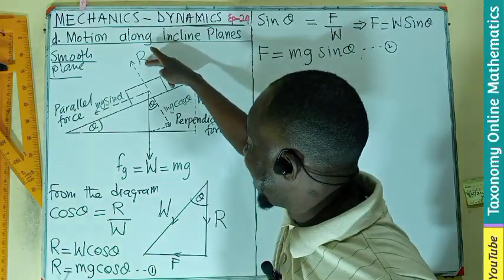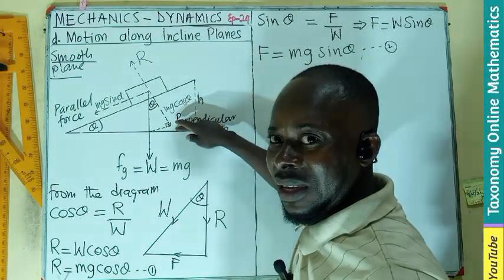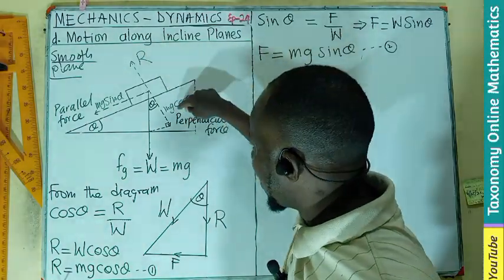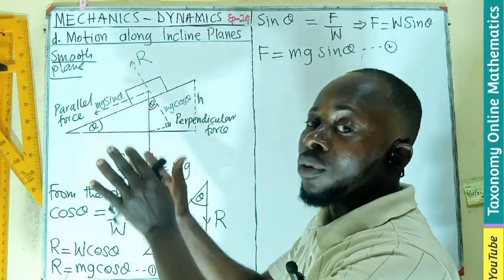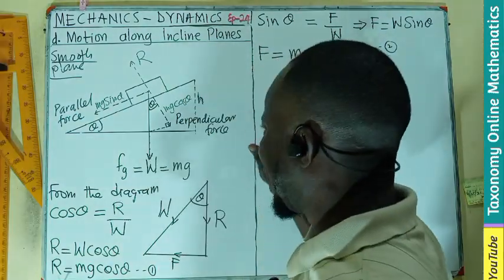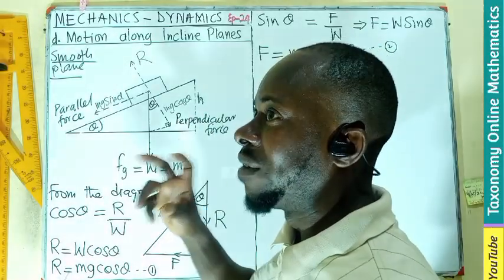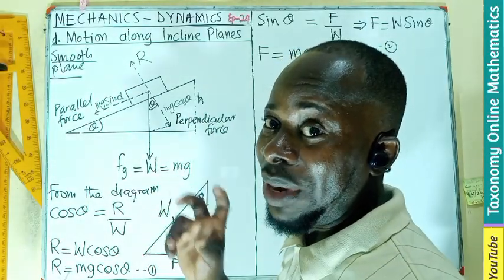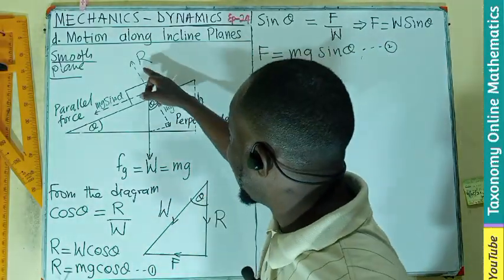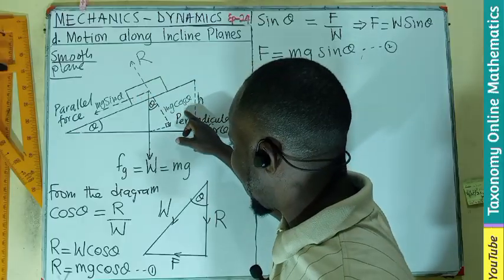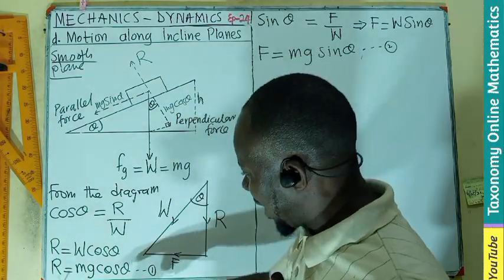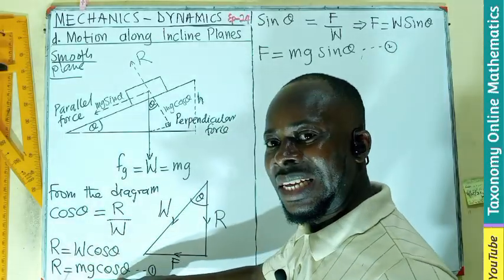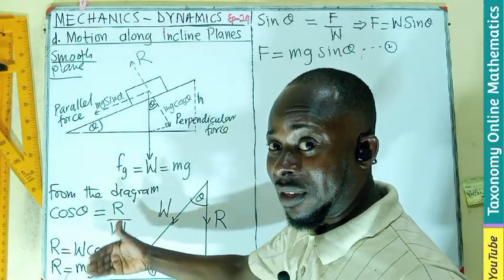So I can say that if I subtract this from this, it is going to be 0 in order to keep the body at the position there. So if we are resolving the forces perpendicular to the plane, it is going to be this minus this equals 0. Then when you take the negative to the other side, it gives you back what we are seeing here. So this is for perpendicular forces.